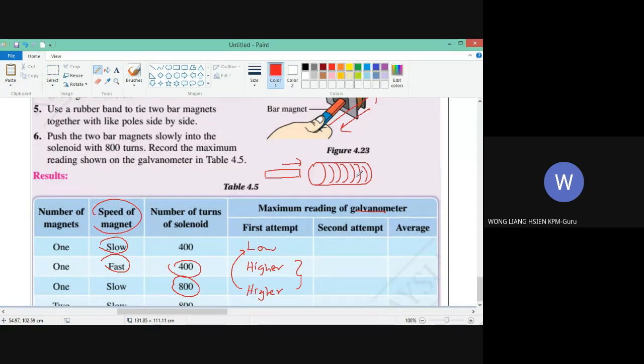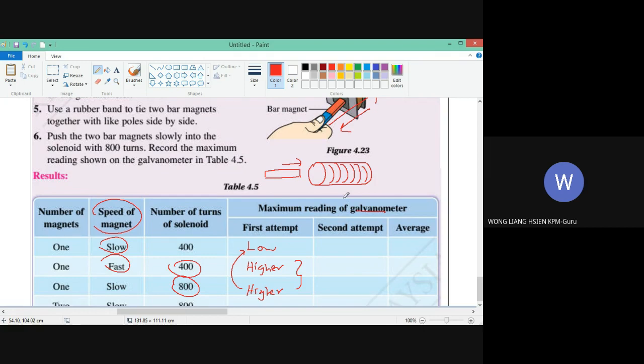So you know, if you take two batteries, 1.5 volt and 1.5 volt, and connect them in series, then in total you will have 3 volt. Imagine, let's say that every single coil can produce 0.1 volt, for example.